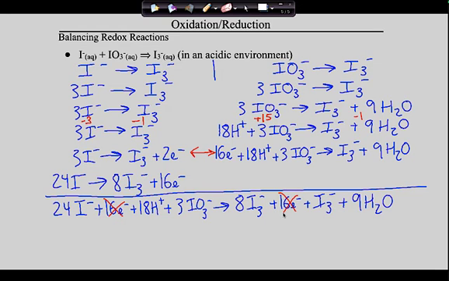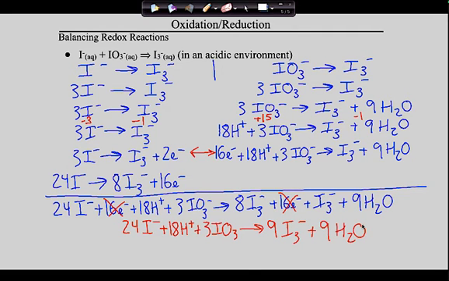So guys, in total then, we get 24 I minuses plus 18 protons plus 3 IO3s yields 9 I3 minuses and 9 molecules of water.